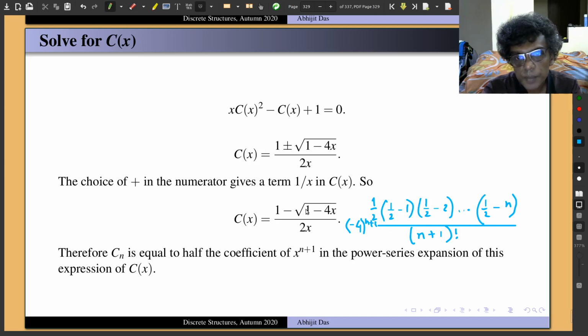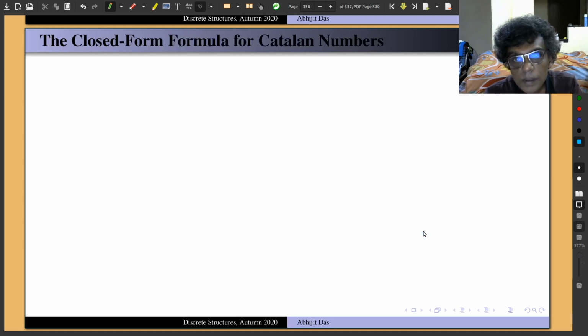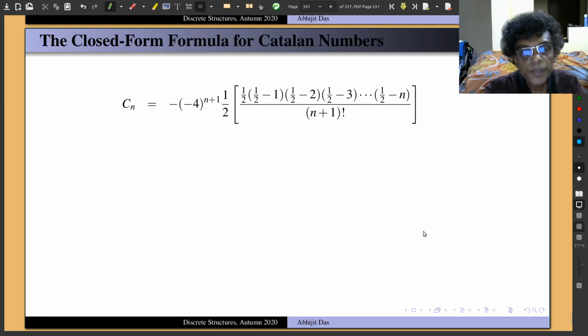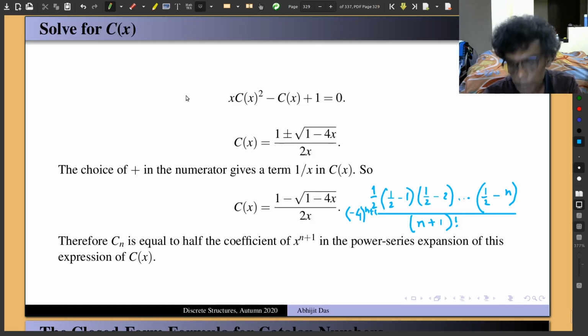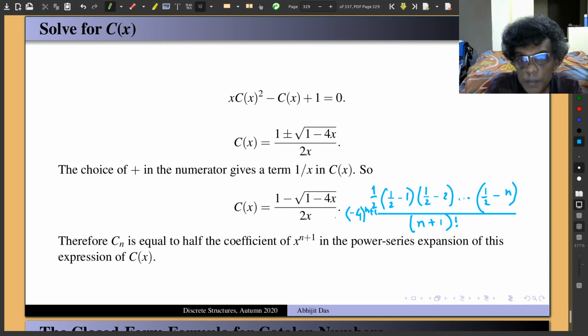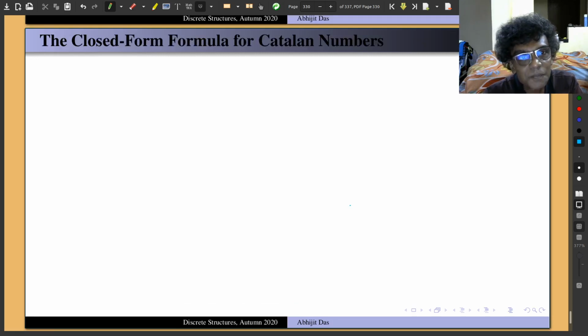Plus half, okay. So, let me simplify this expression. So, I have minus 4 power n plus 1. I wrote n plus 1, right? Yes, n plus 1. Oh, there is another minus here. Sorry, there is another minus here. So, I have to have another minus here.